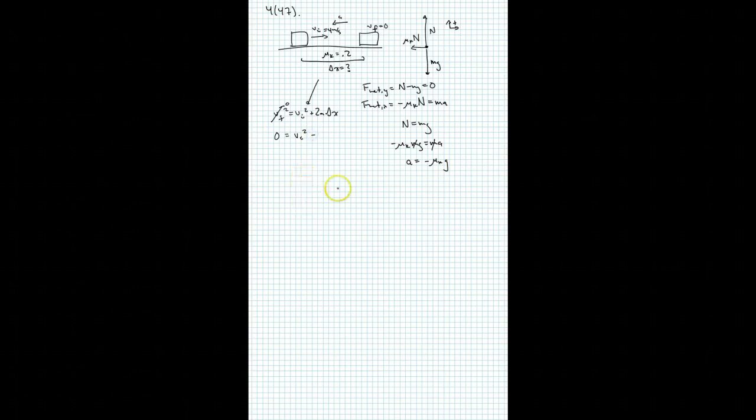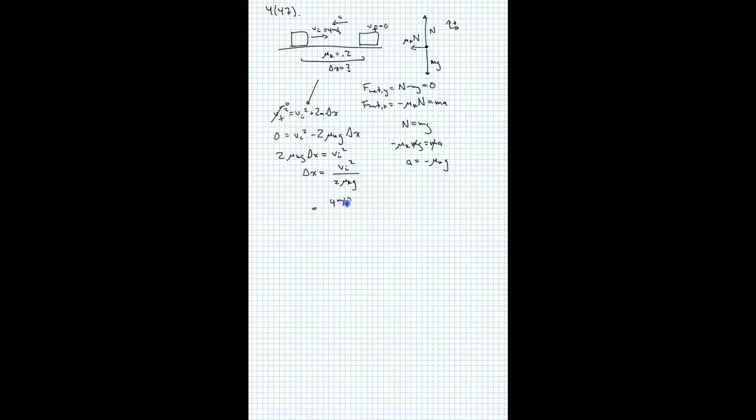And the acceleration is negative mu sub k g, so I'm going to substitute that in. So move this over to the other side. And divide by everything but delta x, because I want to know how far it'll slide. So delta x is vi squared over 2 mu sub k g.